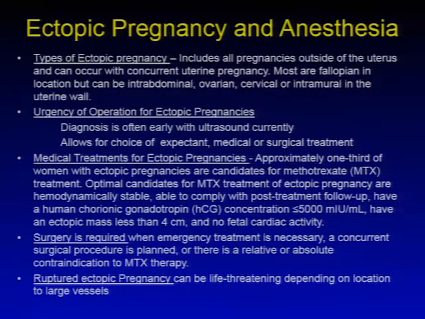But surgery is required when emergency treatment is necessary, there is another planned surgical procedure, or there is a relative or absolute contraindication to methotrexate therapy. And a ruptured ectopic can be a life-threatening situation for the mother.